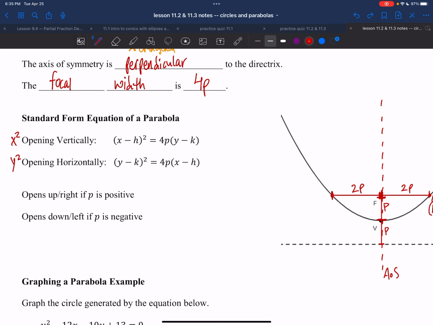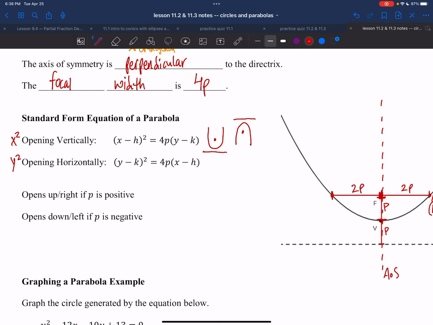Anyway, it can open vertically. It might look like this. If it opens down, it might look like this. Notice that the focus is scooped inside, and the directrix is always behind the parabola, if that makes sense. That's the directrix.